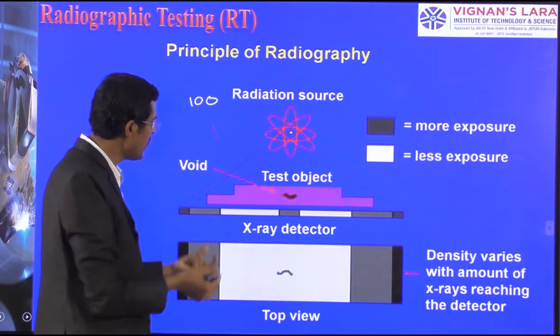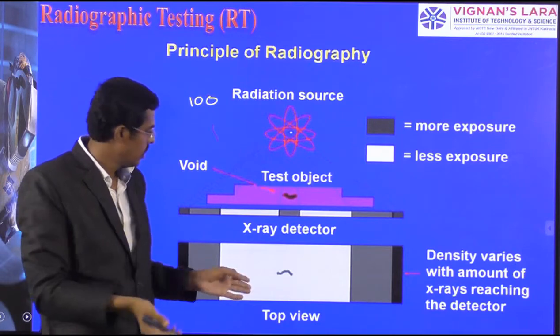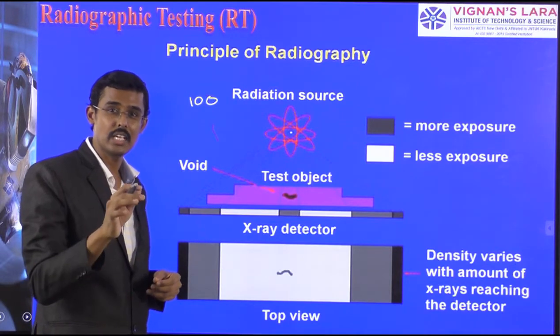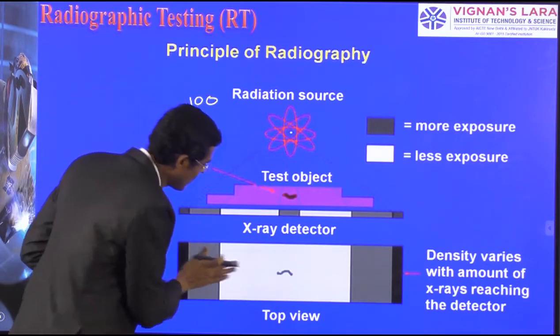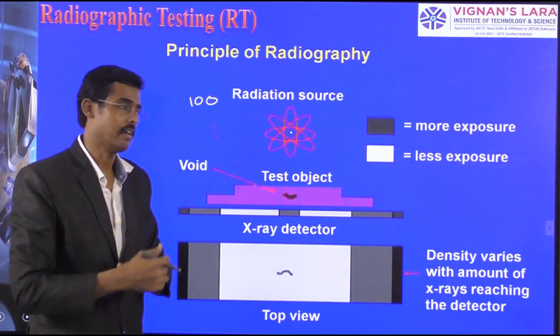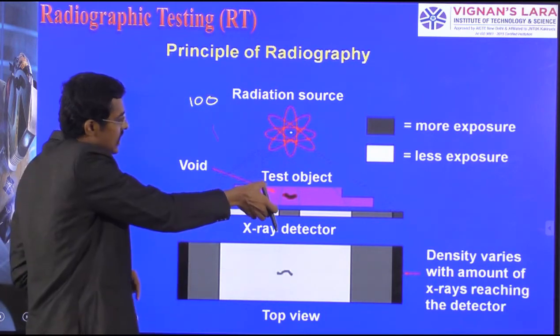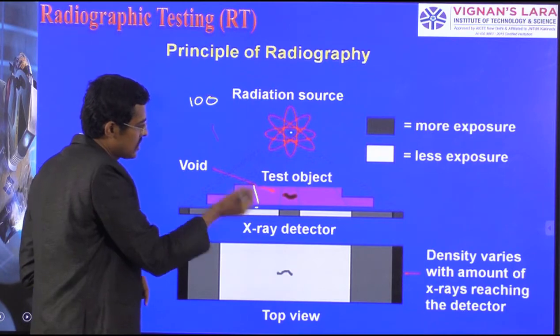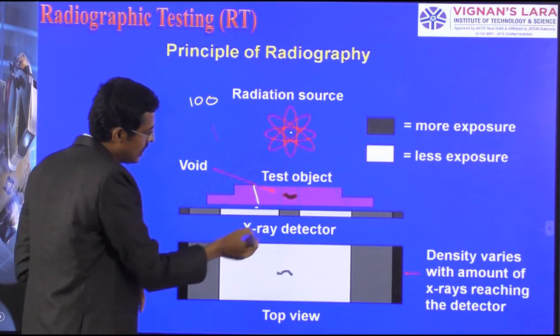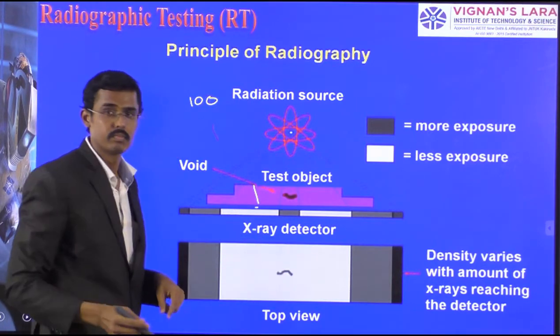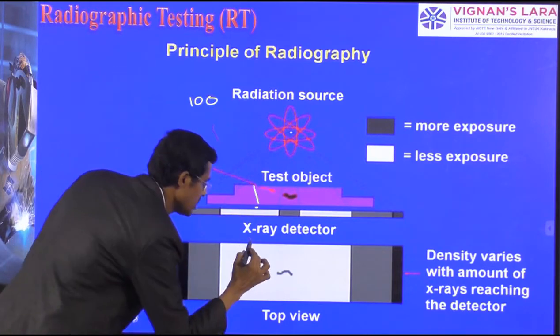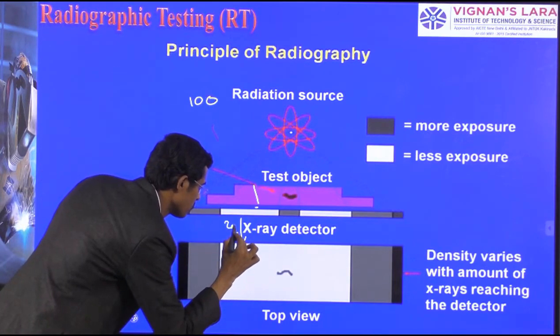Therefore the remaining 20% will fall on the film. That 20% is understood as a light color, grayscale. Here the thickness is high, so it contains the white layer, grayscale.